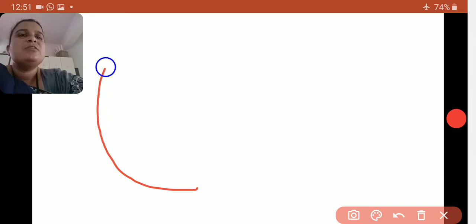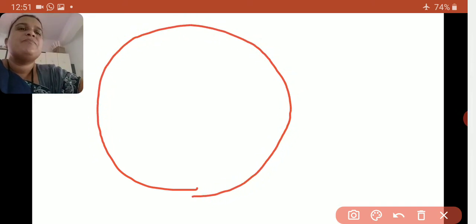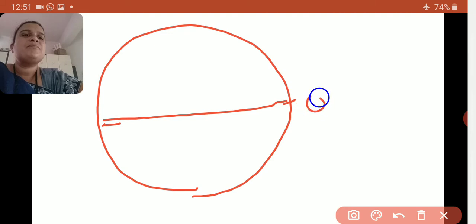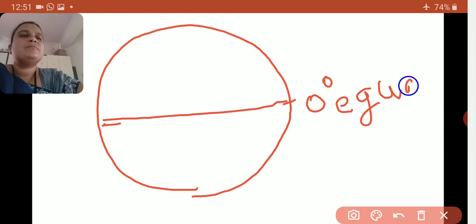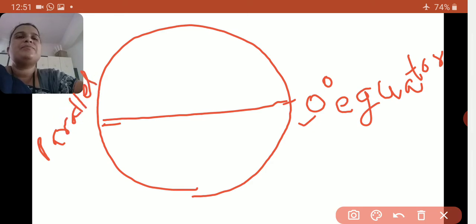Now here, see my dear students, this is planet Earth and Earth is divided into two equal parts. It is called the equator. Equator shows 0 degree and this is also called a parallel line.